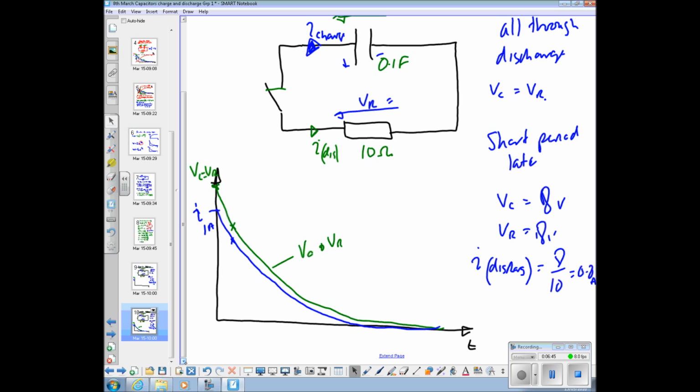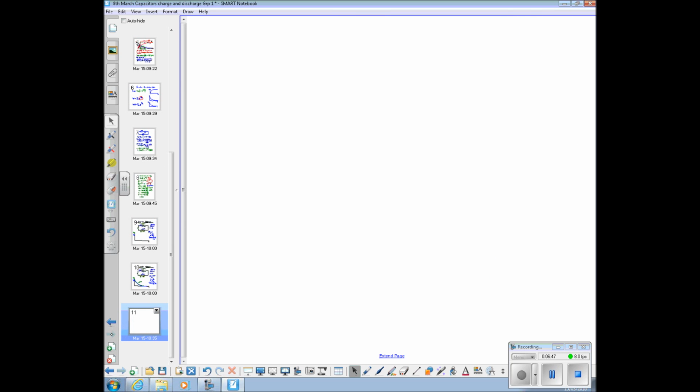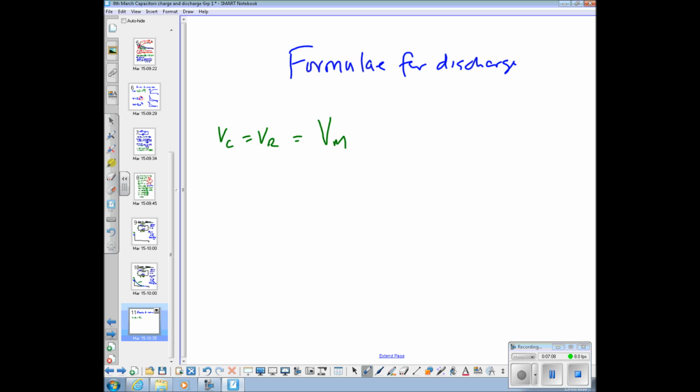So, formulae wise, for discharge, these are in your notes. VC is equal to VR, and both of them are equal to Vm, the maximum applied voltage, times e to the minus t over CR.